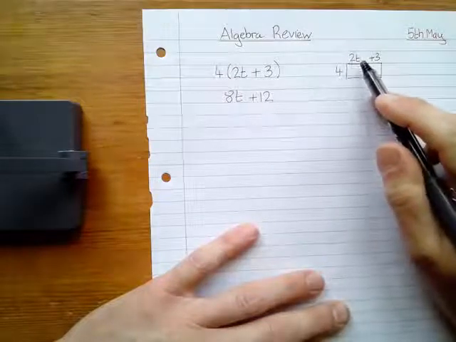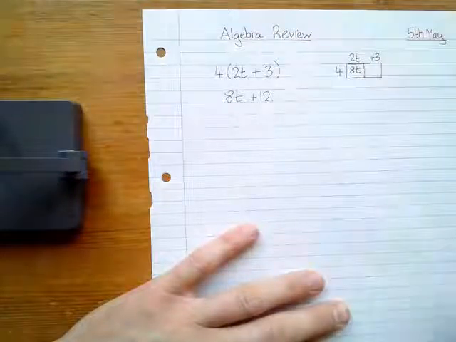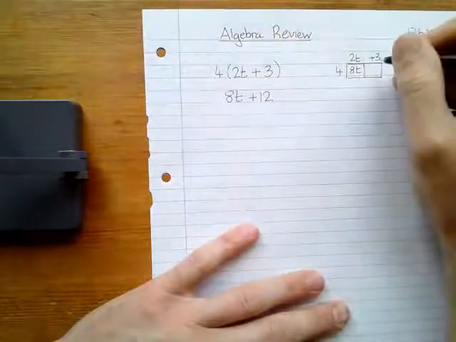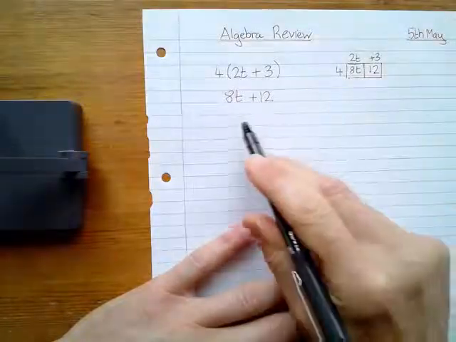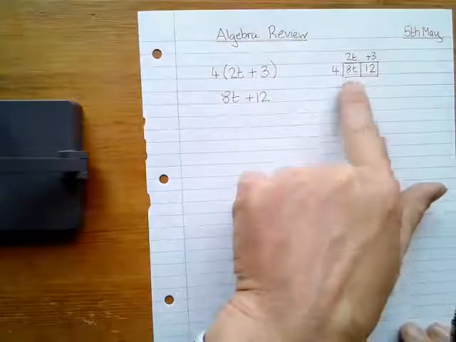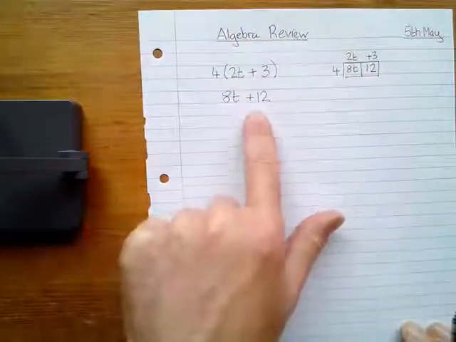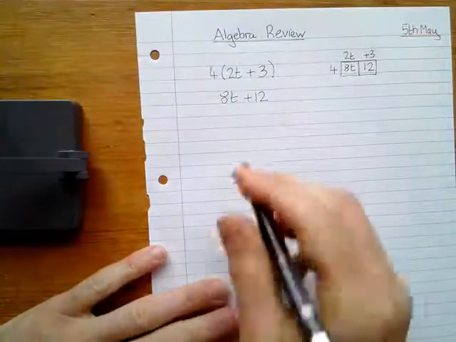So 4 lots of 2t, 4 times 2t would be 8t, and 4 times 3 would be 12. And that tells me that the answer is 8t plus 12. So you can do a little box if it helps you to get to the answer. Or you might just be able to do it from looking at the questions.